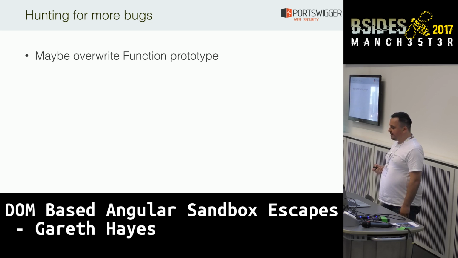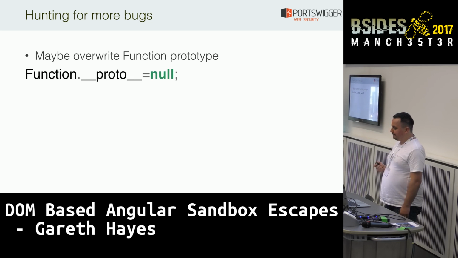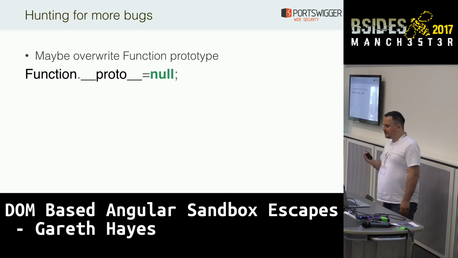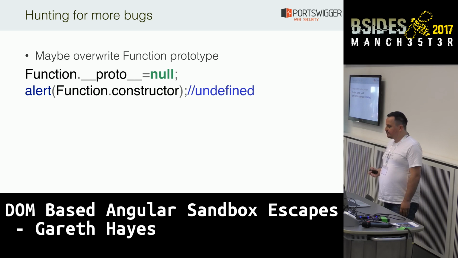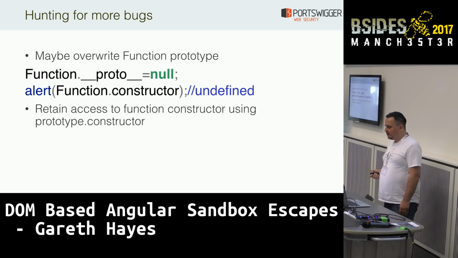Another thought I had was maybe overwrite the function prototype. So here I use the function constructor and modify its prototype and assign it to null. And what that does is removes the constructor property. It's now undefined. And because we've made that undefined, we need access to the function constructor in order to execute code.